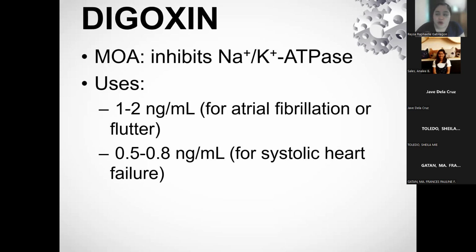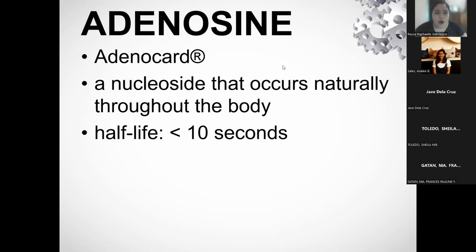Pero yung lower dose niya, 0.5 to 0.8 nanograms per ml, yun yung dose na ginagamit natin for heart failure. That is just to inhibit the sodium-potassium ATPase para dumami yung calcium inside the cell. Pag damihan pa natin ang dose, that's the time yung fibrillation or yung arrhythmia ang mako-correct.